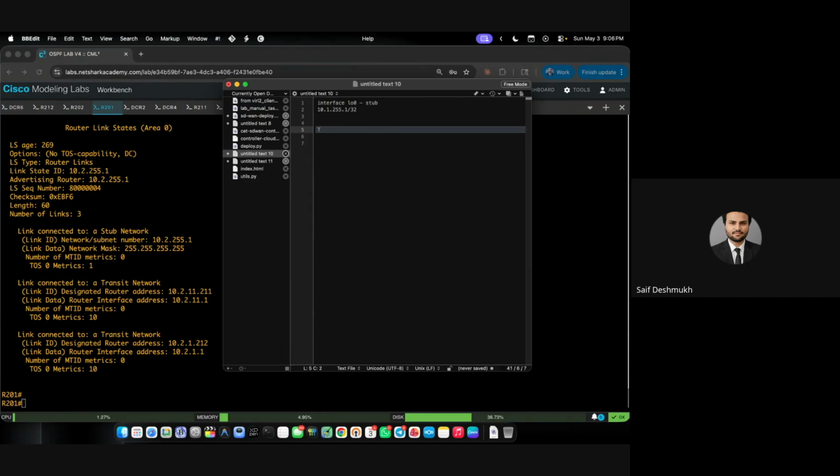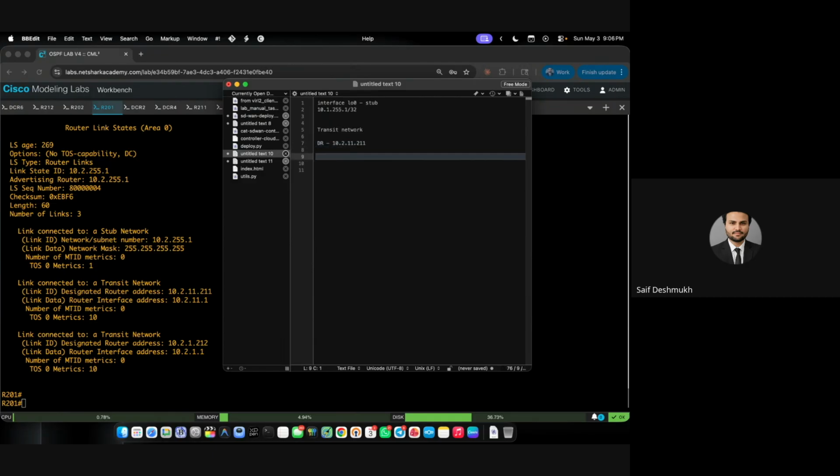This means that on this link we have OSPF routers that have formed adjacencies. On that link, you may have multiple routers, but there is a DR router that has been elected, and its IP address is 10.2.11.211.